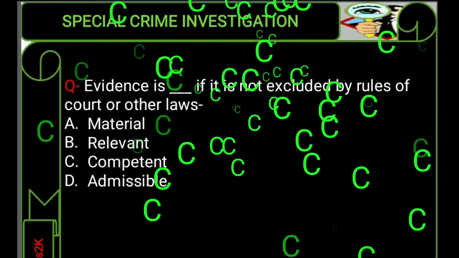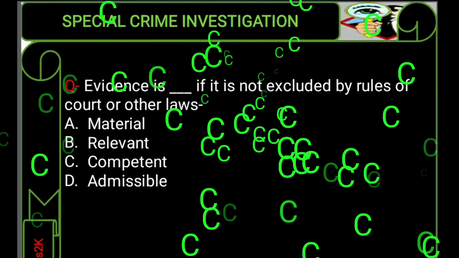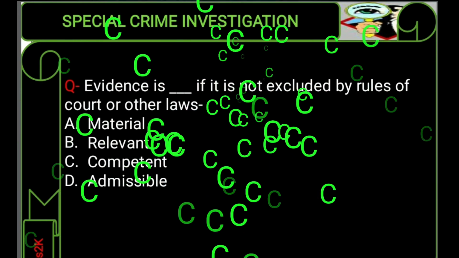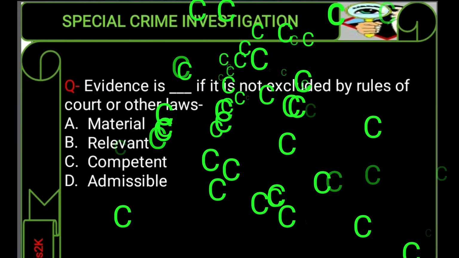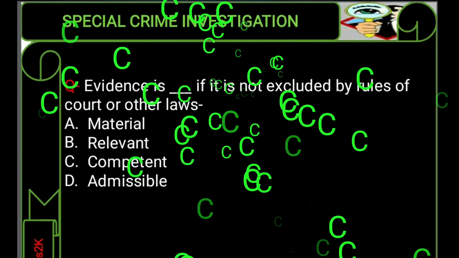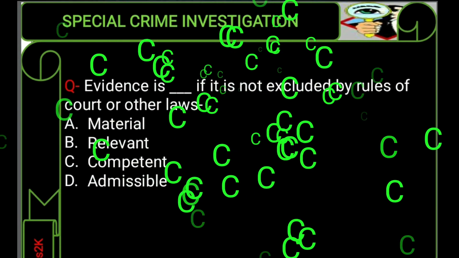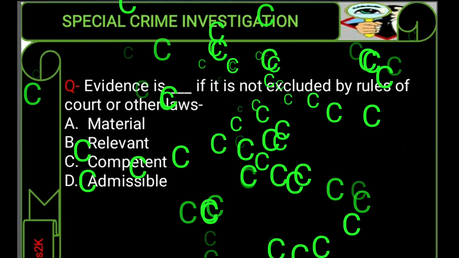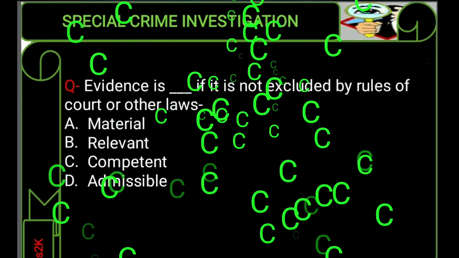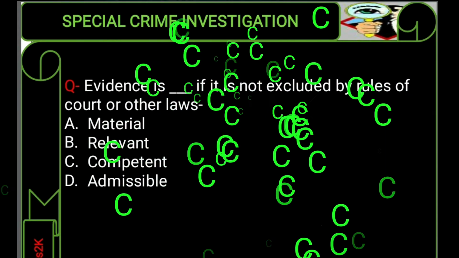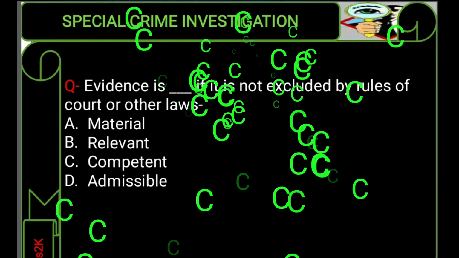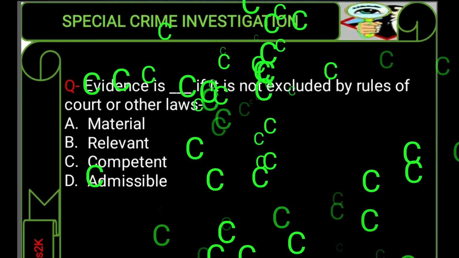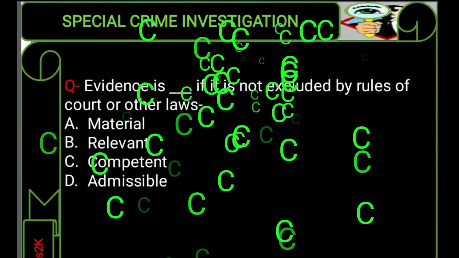It is competent if it is not excluded by the rules, because you followed the proper procedure on how to collect evidence and the chain of custody was followed. Then such evidence can be admitted in court.